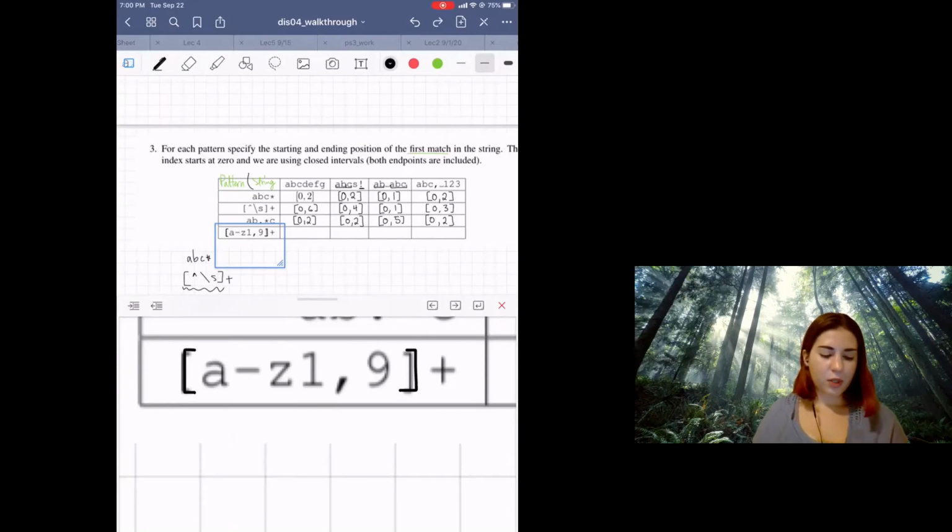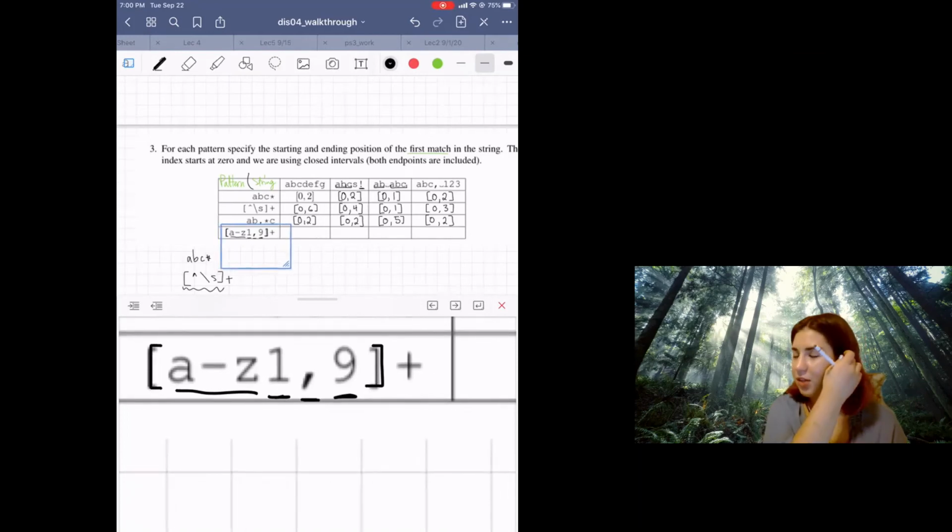So that means we can match any letters A through Z. We can match the number 1. We can also match a comma because 1, 9 doesn't actually represent a range from 1 to 9. It represents just the literal 1, the literal comma, or the literal 9.